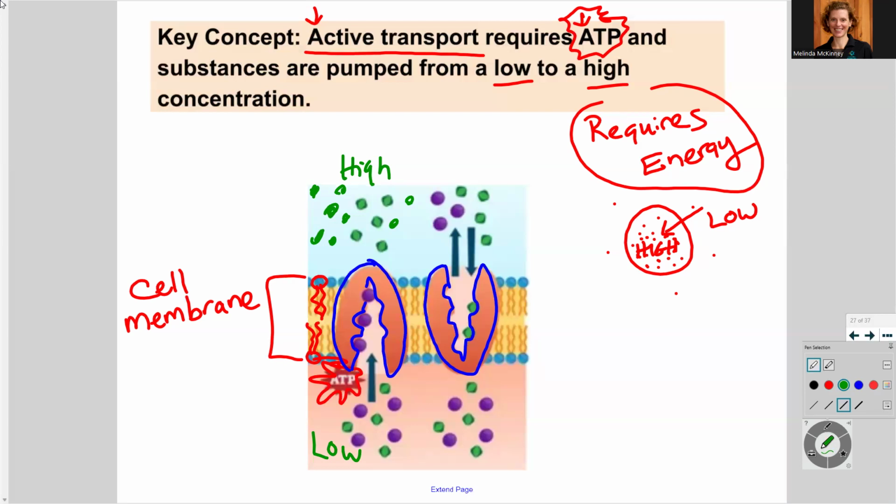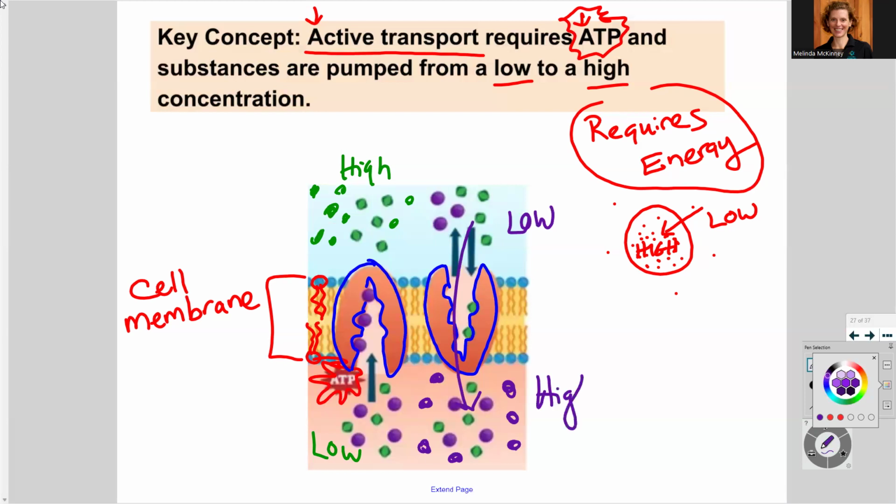Okay. And then similarly, if we had a whole bunch of purple molecules, so ions in here, and we were going to take those molecules and move them in this direction from low to high, then that would also take energy. Okay.